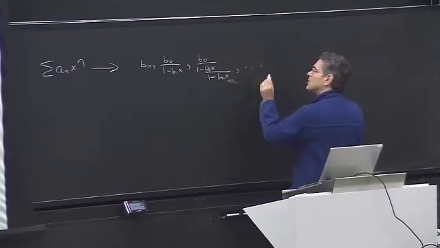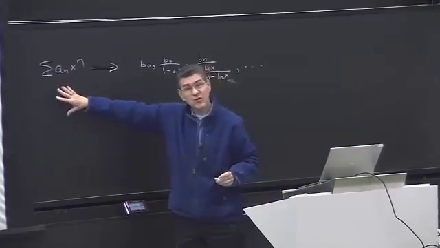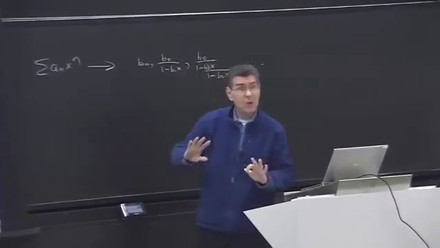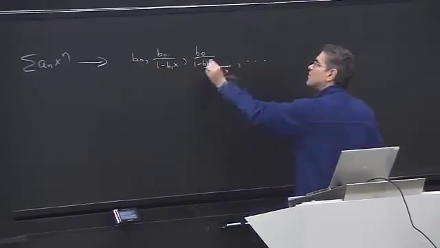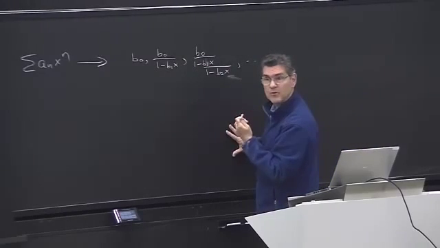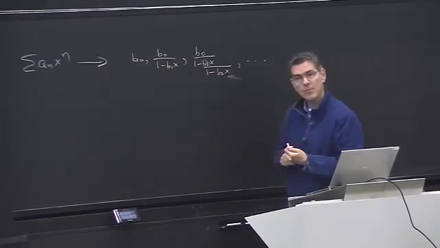Okay, so we've converted a Taylor series, which you cannot sum up, into a sequence of numbers called approximants, and these are continued fractions.